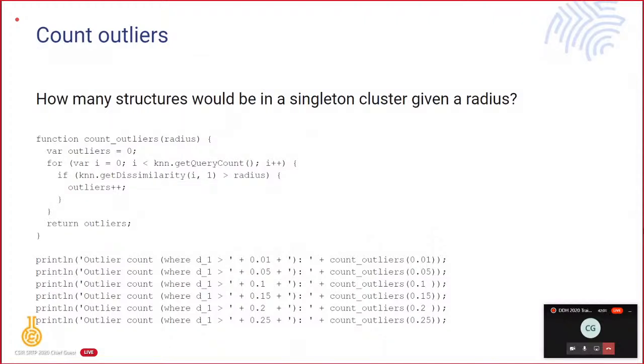A valid question is, if I were to cluster the structure sets which were used for the overlap analysis calculation, how many outliers will I get if I use a specific cluster radius? And this interrogation step can be coded in literally a few lines of code.